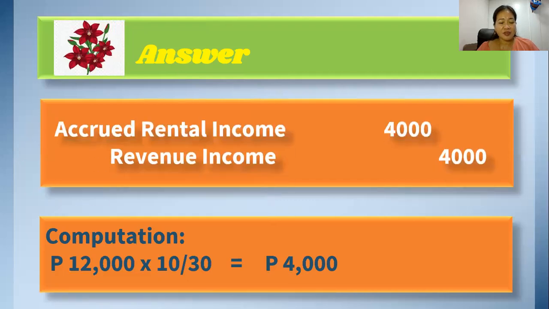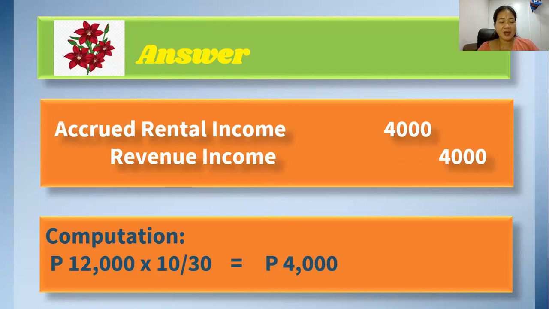The computation. The 12,000 is good for 1 month and will be received every 20th day of the month. So, for the month of December, how much should be income collectible from the 12,000?